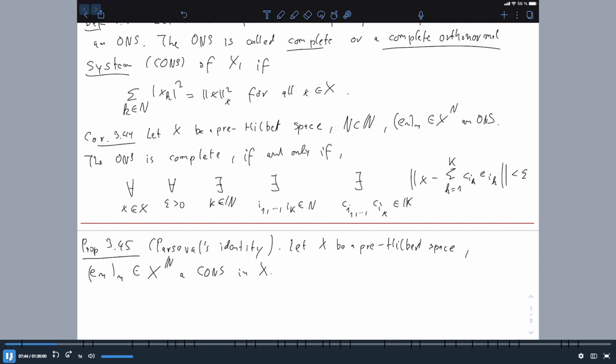Here I only explicitly consider the case that the orthonormal system has infinitely many elements, because it's obvious that this holds for finitely many elements.